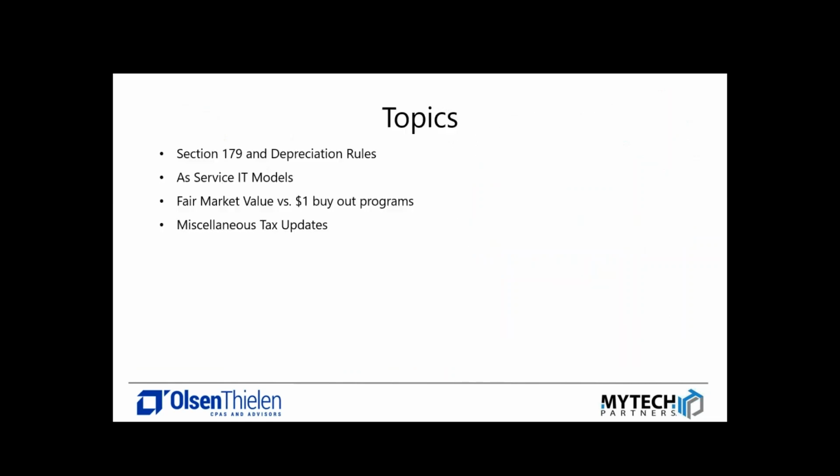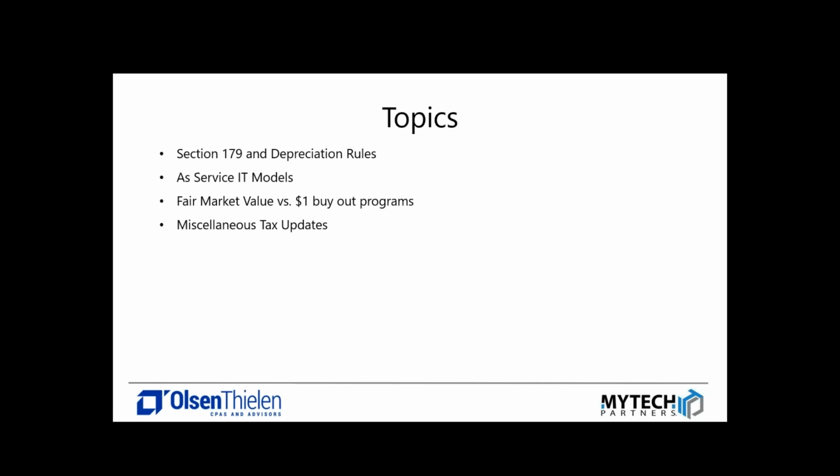So what we're going to cover is Section 179 and the depreciation rules surrounding technology infrastructure, software, hardware, and we'll also dive into as-a-service IT models, so monthly subscription services. Those are becoming more popular.